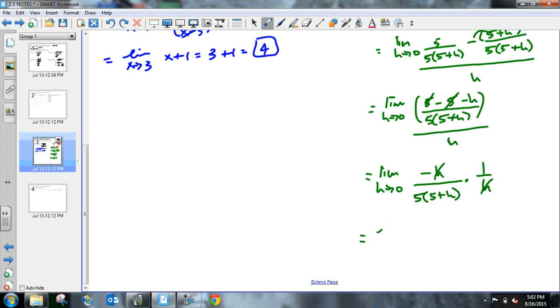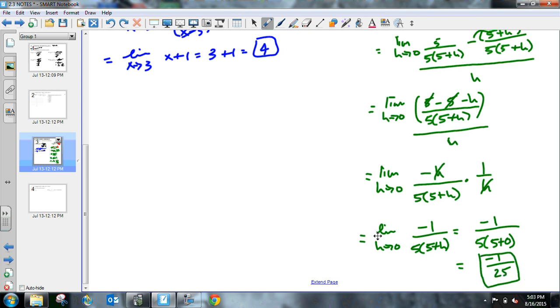So now I have the limit as h approaches 0 of negative 1 over 5 times 5 plus h. Now, because I divided that h out, I'm going to go ahead and plug in 0. I get negative 1 over 5 times 5 plus 0, which ends up just giving me negative 1 over 5 times 5. 5 plus 0 is just 5, which is 25, and that's my limit value.